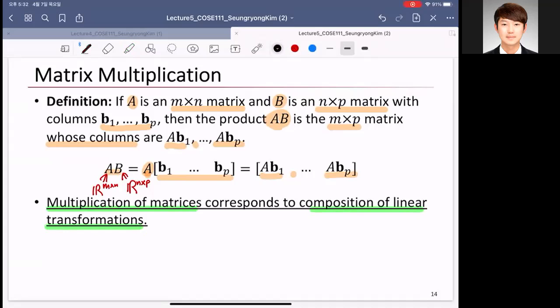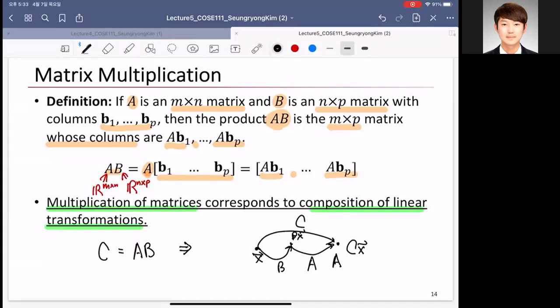In other words, if matrix C is AB, then CX is going to be the same as A times BX, which should be the same.